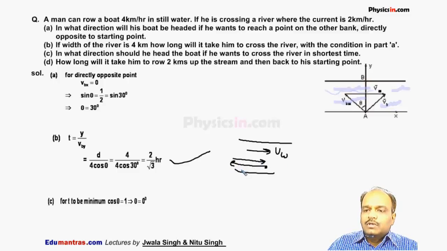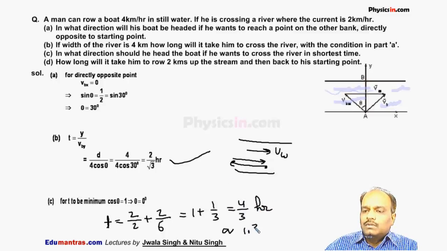So if this boat is moving 2 km up, the time t is equal to, for 2 km upward, speed is 4 minus 2 means 2, plus for downward it is 2 divided by the speed of boat Vw plus Vb, so it is equal to 6. So it is equal to 1 plus 1 by 3, that is equal to 4 by 3 hour, 1.33.